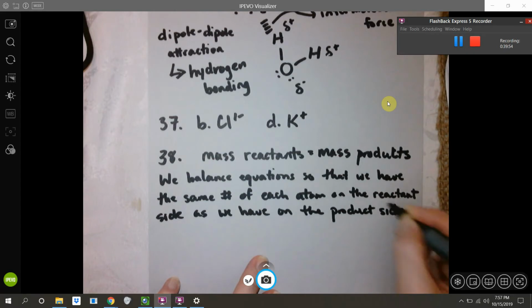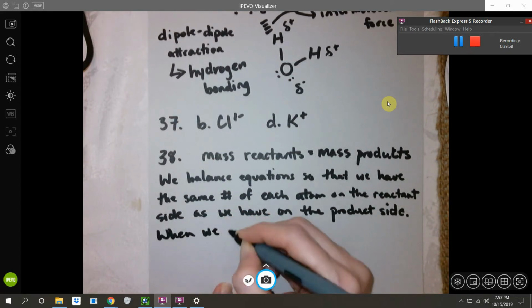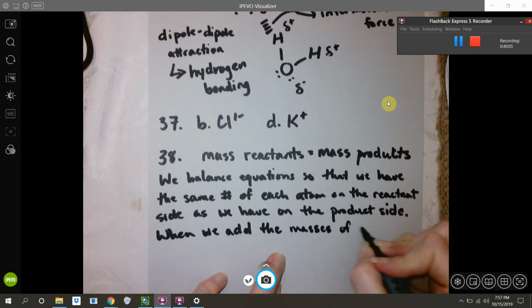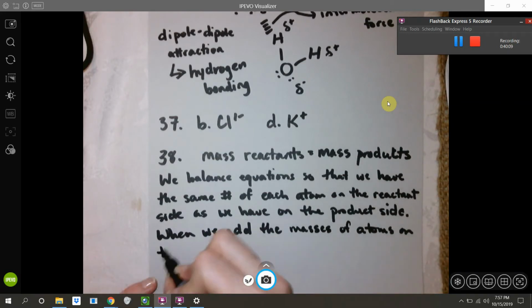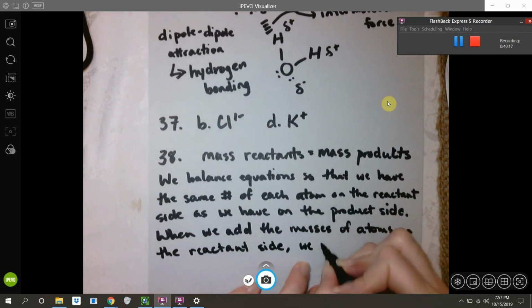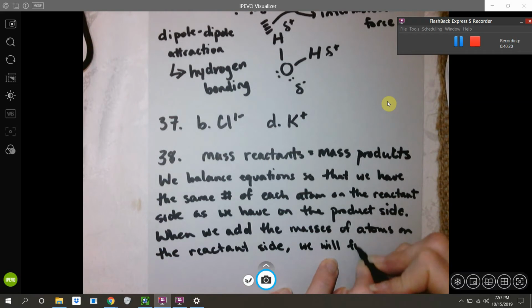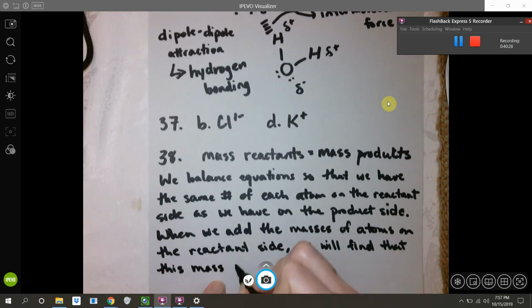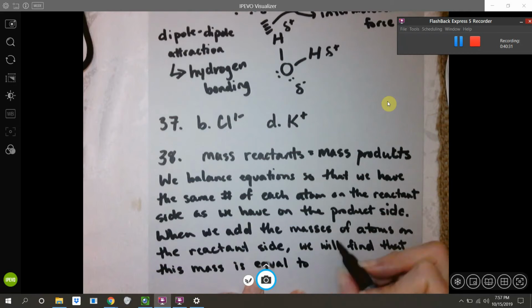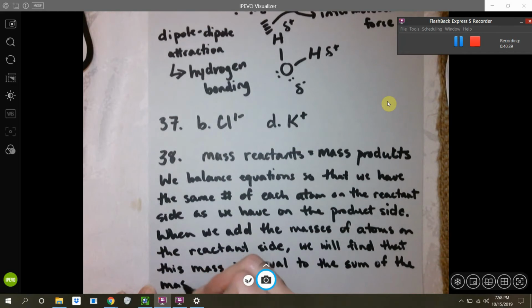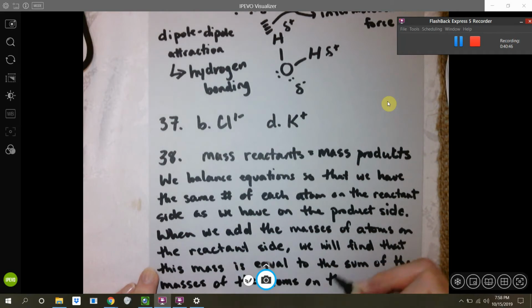When we add the masses of atoms on the reactant side, we will find that this mass is equal to the sum of the masses of the atoms on the product side.